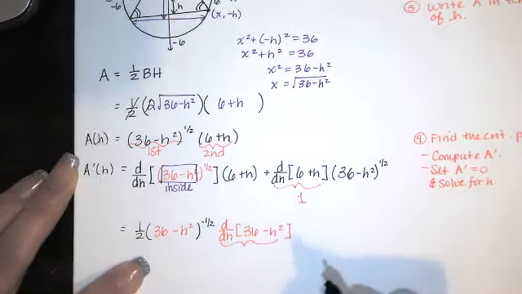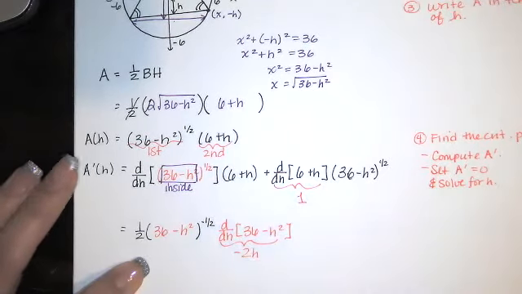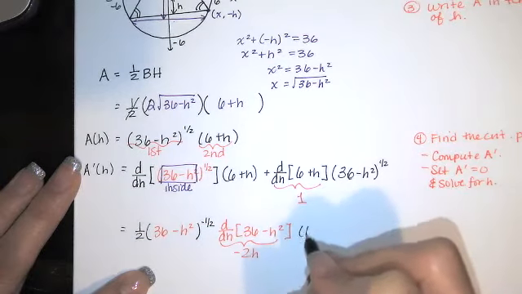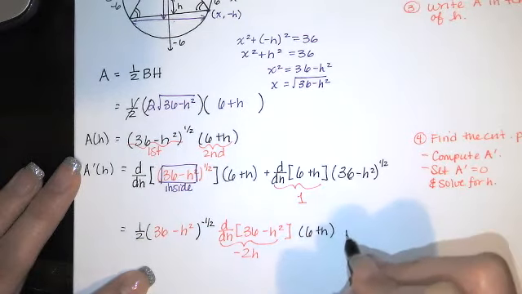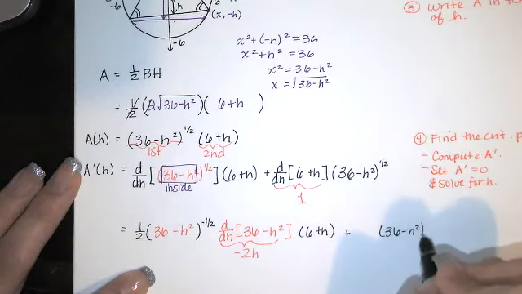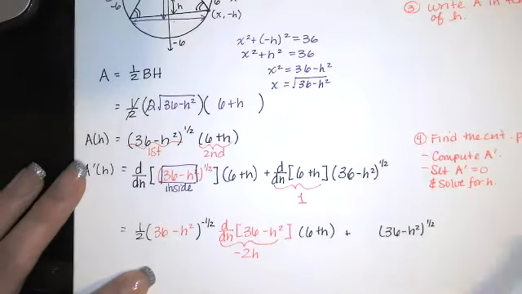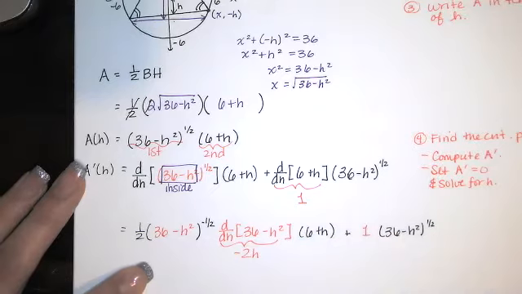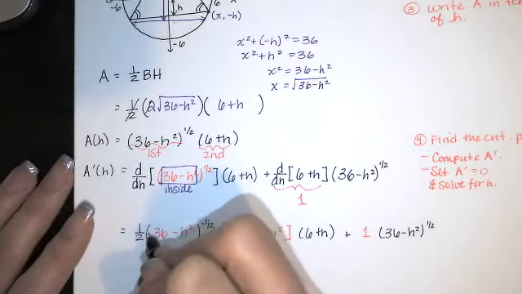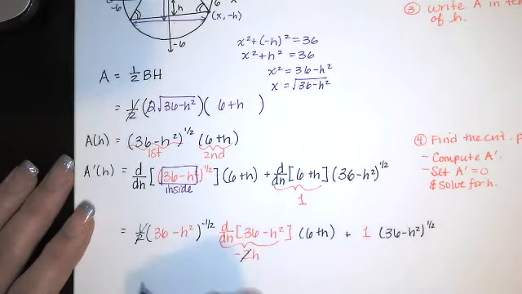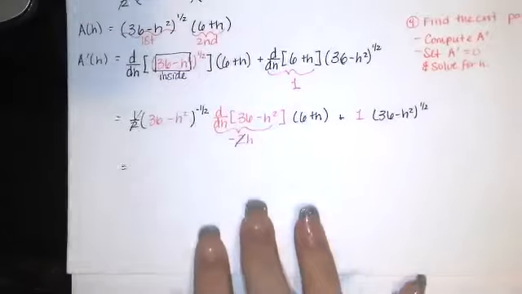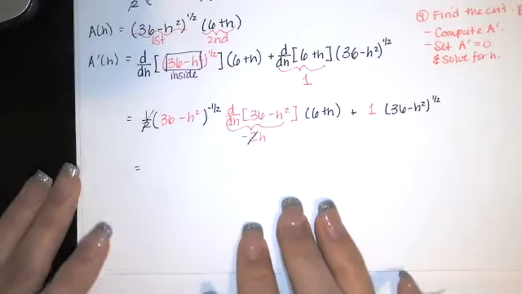And the derivative of the inside happens to be negative 2h. So that's derivative of the first, and then we're multiplying by the second, and then we're adding derivative of the second, which happens to be a 1 times the first. And of course, the 1/2 and the 2 reduce. We end up with this.